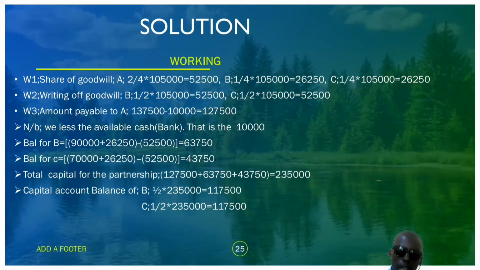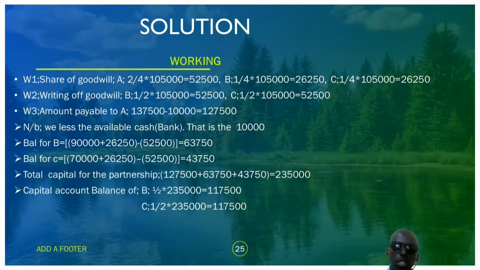Then you subtract the amount that is written off to B and to C. That is, you subtract 52,500 from each of them. Simply, you realize the balance of B is 63,750 and the balance of C is 43,750. Now, this is the amount that they have as their capital balances.